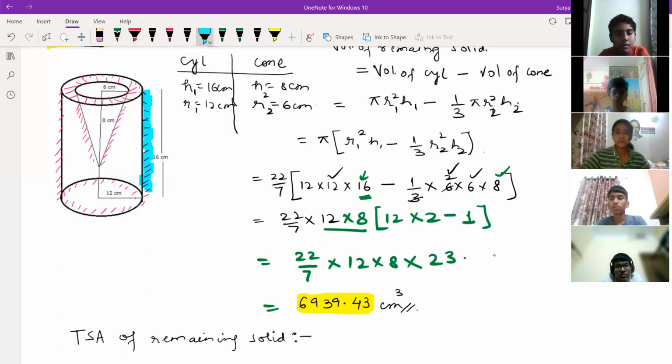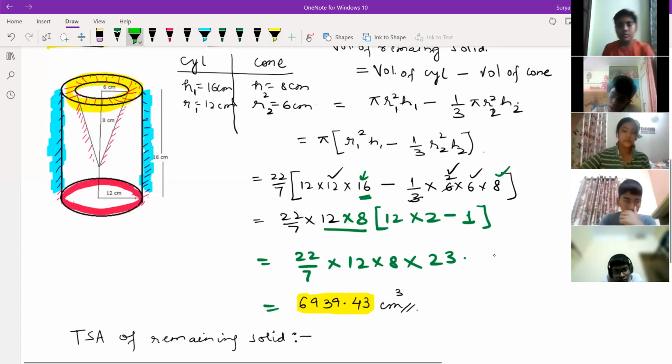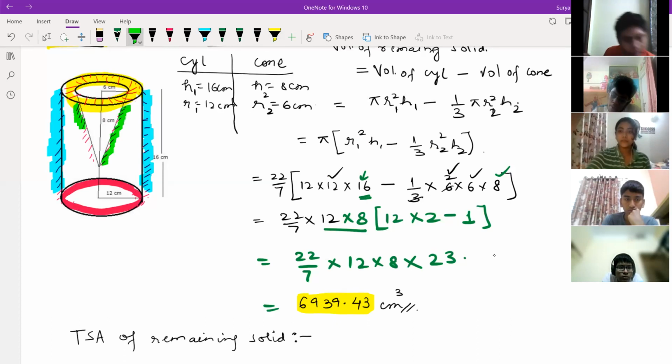First case I'm writing as CSA of cylinder. Then area of this second part is area of circle, this circle. Then third one I'm just discussing about this concentric circle, area of this concentric circle. Fourth and last part is CSA of this cone. Try to understand here, all of you. And this part is not included, okay? Because that is hole, no? We are taking out, right? Is it clear, children, what I've written in 4 colors?